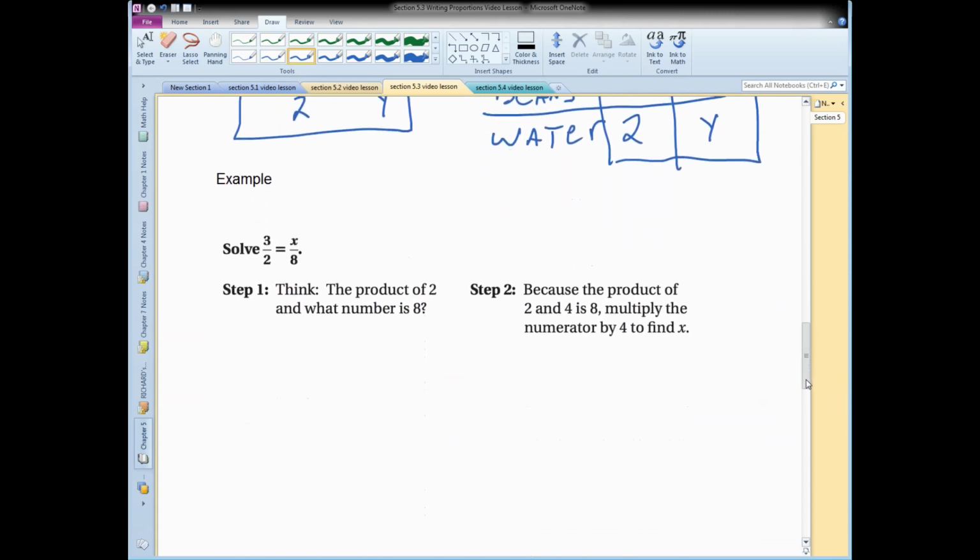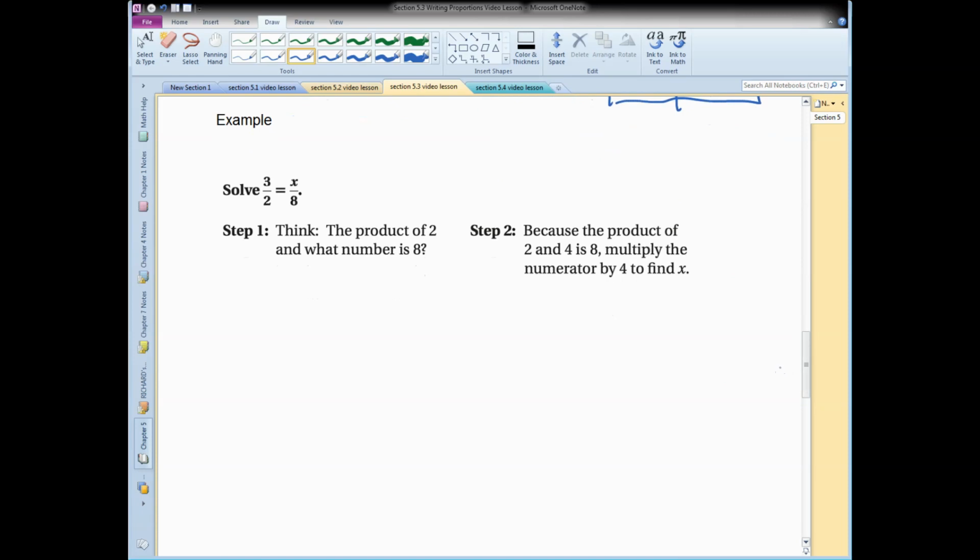So let's look at this example, because it's going to walk us through how I figure out what X is. How do I solve this equation? All right, because this is an equation. And actually, it's a similar equation to one we solved back in chapter 3. But here's a different way to think about it.